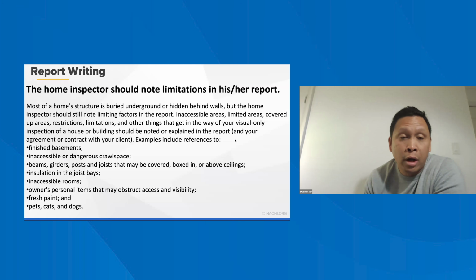We can only report on what we observe at the time of the inspection, and what we deem to be material that could impact the value of the home itself. So it's important to make sure that you're putting that in the report and in your contract, so that way clients have the proper expectation as to what the experience is going to be like.